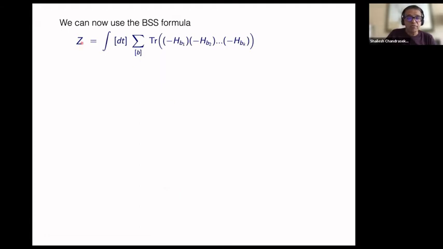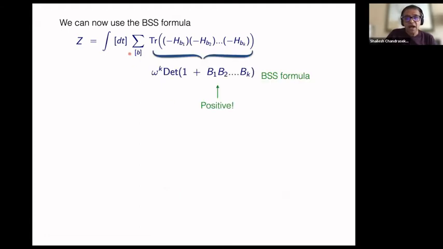So now if I go back to the partition function, I can use what is called the BSS formula, which is always used in the auxiliary field approach, and write this as a determinant of 1 plus a multiplication of many, in fact, K of spatial by spatial matrices. Right?